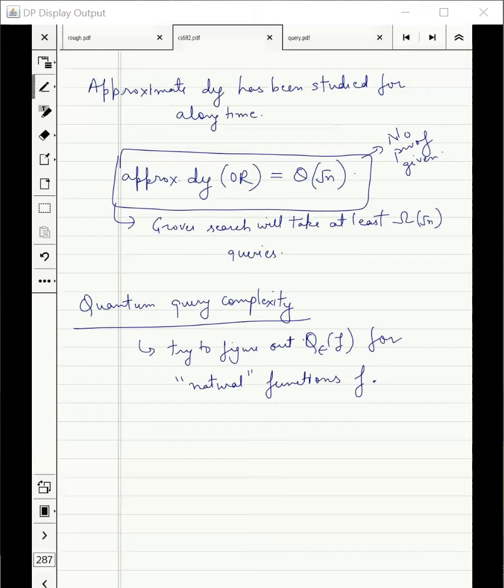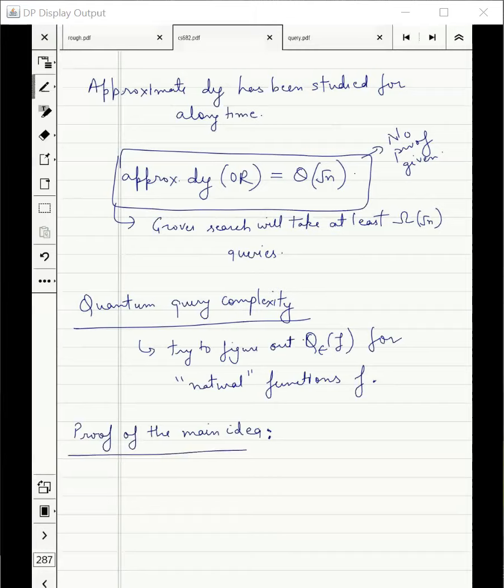Now, I have given you the way to prove that approximate degree is a lower bound on quantum query complexity. What is remaining? Proof of the main idea.